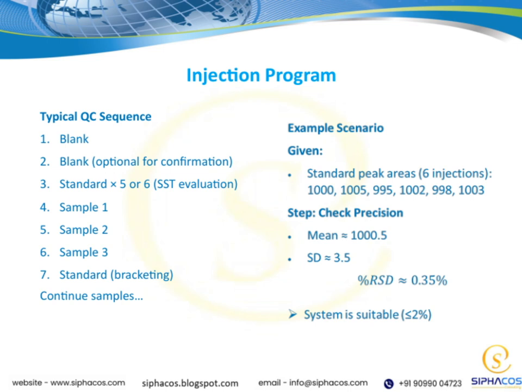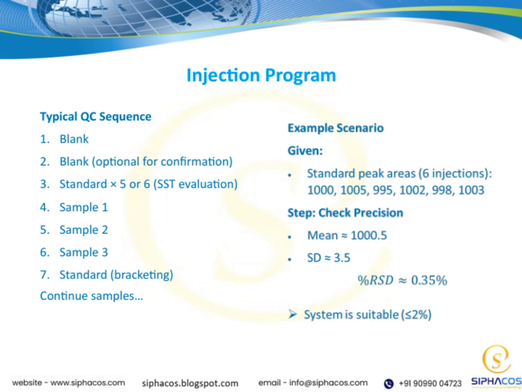Then we analyze our samples, starting with sample 1, followed by sample 2 and sample 3. After that, we run a standard in a bracketing position around our samples to ensure the measurements stay within acceptable limits. We continue analyzing additional samples as needed, following the same pattern. All of this is part of our injection program, which is designed to maintain precision and reliability throughout the process.